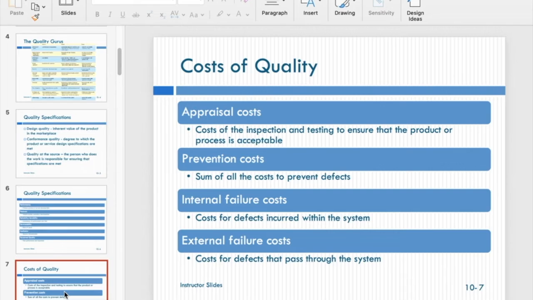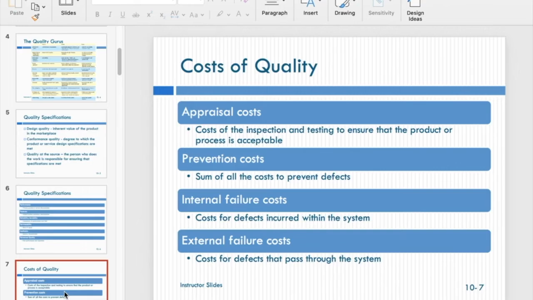The external failure cost. When you have these failure things, you also need to incur cost for defects that's passed through the system. What does it mean? Let's say you have defective things. You will incur customer warranty replacements.